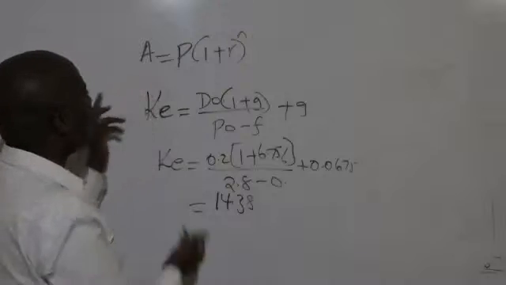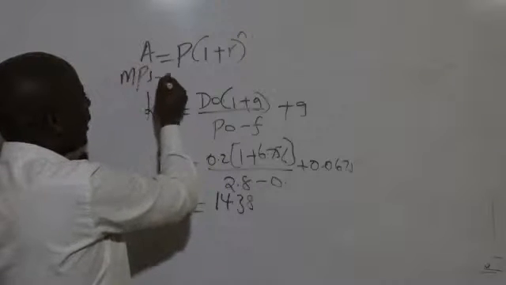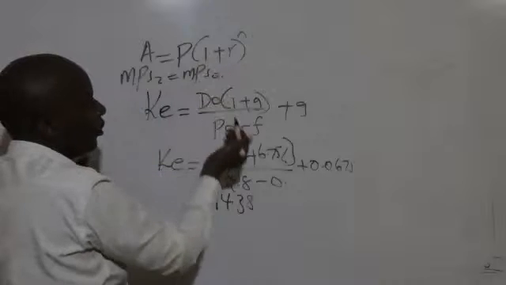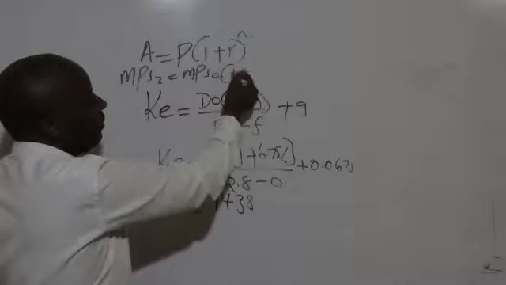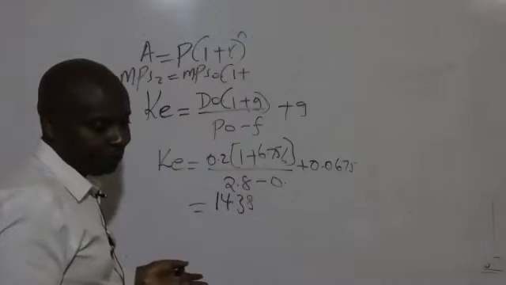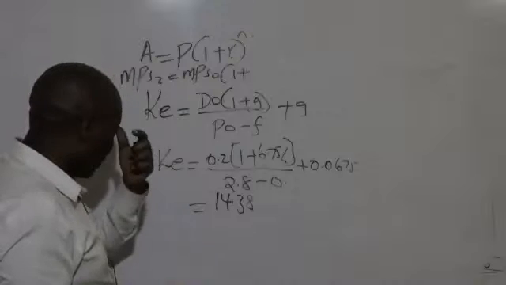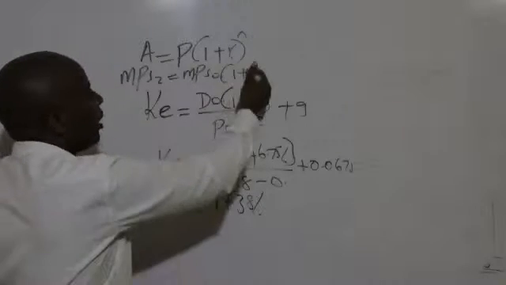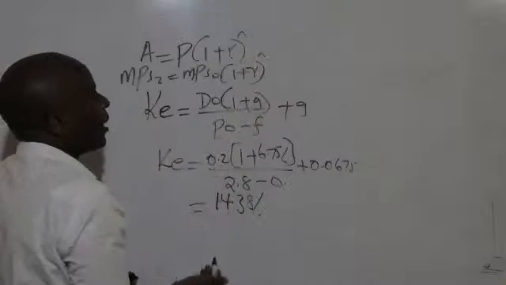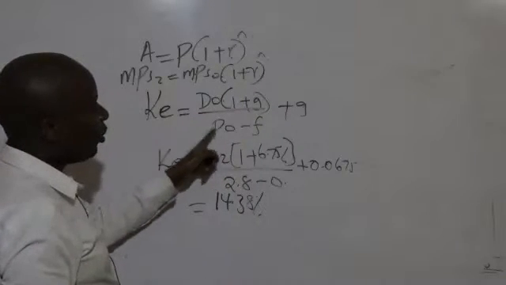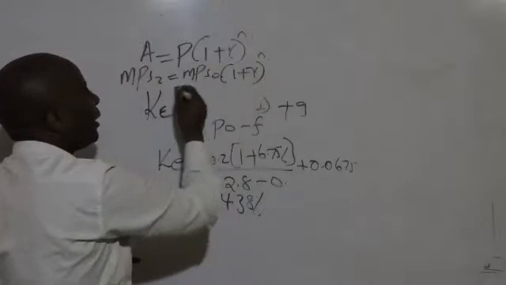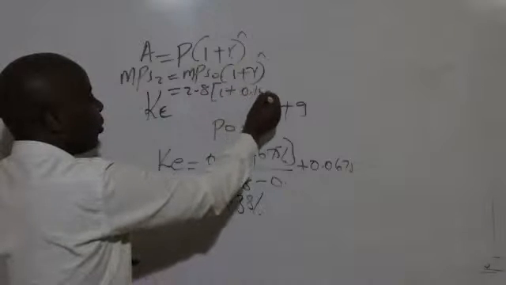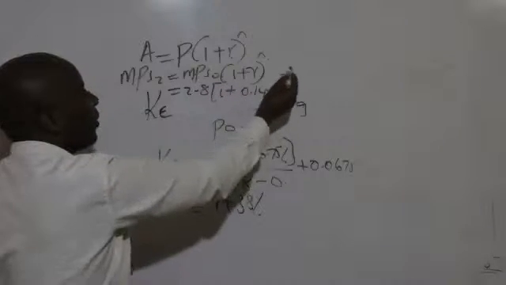This amount will be the MPS at the end of year 2, and the principal will be the MPS at time 0. R is the cost of capital, which is 14.38%, raised to power n. So the current P0 is 2.8 into 1 plus 0.1438 raised to power 2.